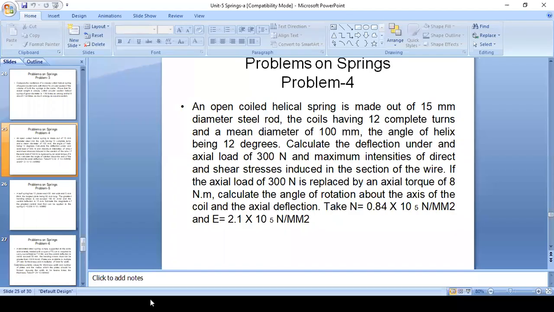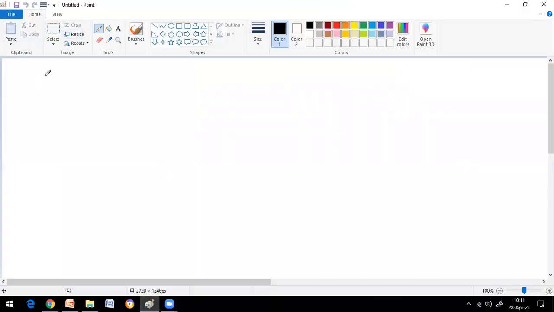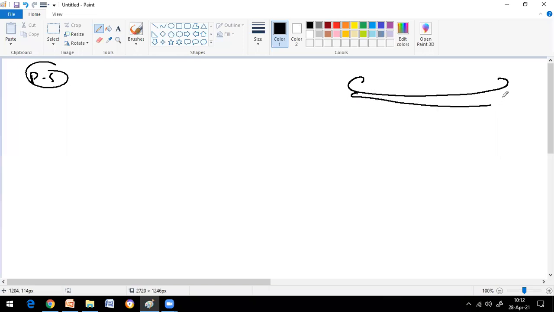So what have they given in problem number 5? There is a leaf spring of how many plates? 12 plates. So a leaf spring will be usually like this. These are having different plates.